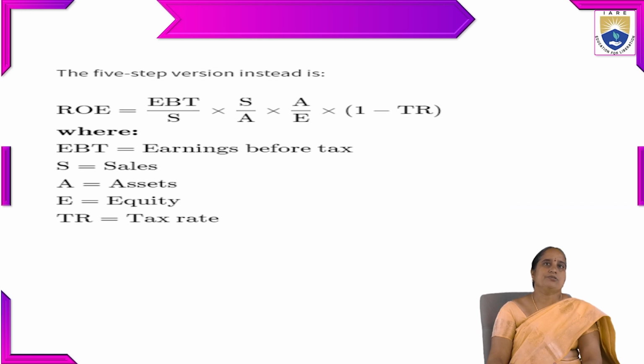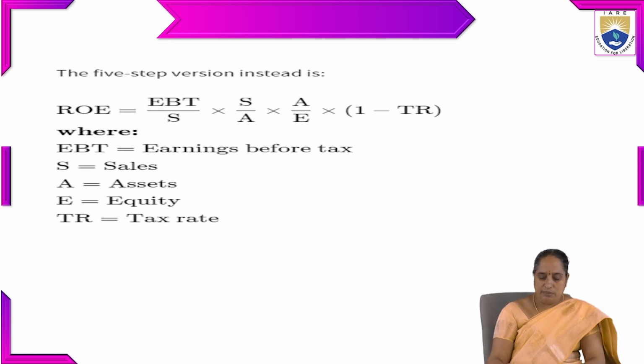Whereas in the five-step version, we consider five components. So ROE is decomposed into five components. One is EBT, which stands for earnings before tax, and S indicates sales. A stands for assets, E stands for equity, and TR stands for tax rate.